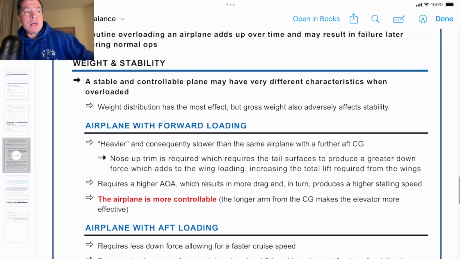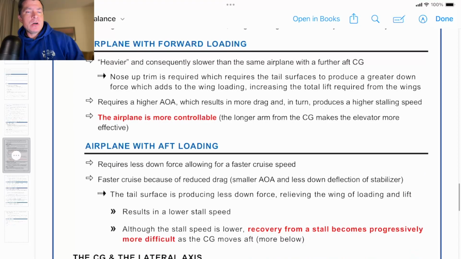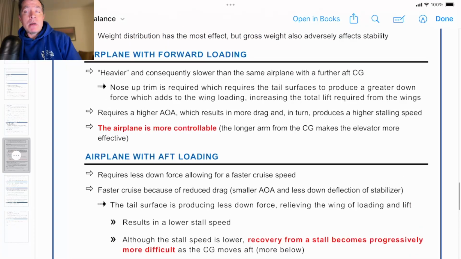Weight and stability. A stable and controllable plane may have very different characteristics when overloaded. Weight distribution has the most effect, but gross weight also adversely affects the stability. And you will see either on your oral exam or on your written, maybe both, something along the lines of an airplane with forward loading versus aft loading.